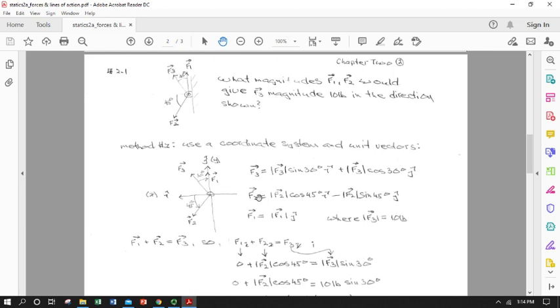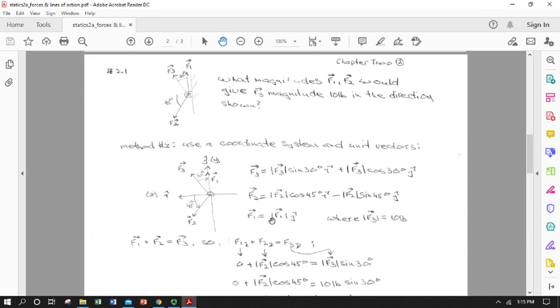So I'm just going to go ahead and write all of them in terms of which fraction of them is pointing in the horizontal and which fraction is pointing in the vertical. So for F2, I've got 45 degrees with respect to the horizontal, so I can do cosine of 45, that's the part in the horizontal direction, and sine 45 is the part in the vertical, and I've noted it's got a magnitude, so it's being distributed over both portions.